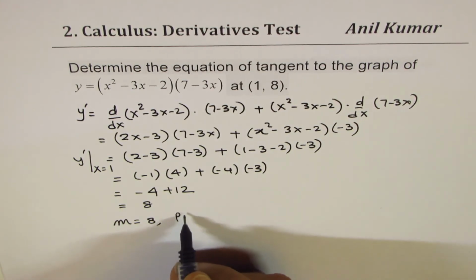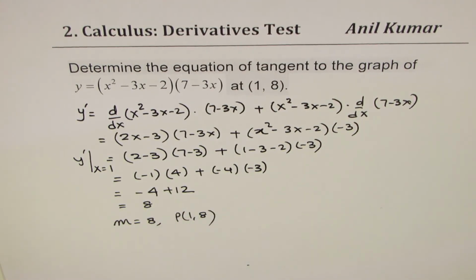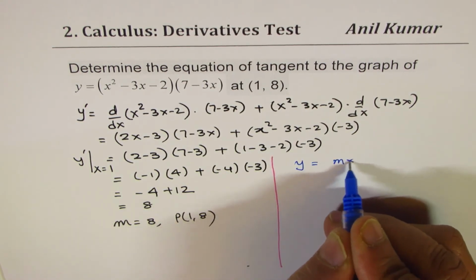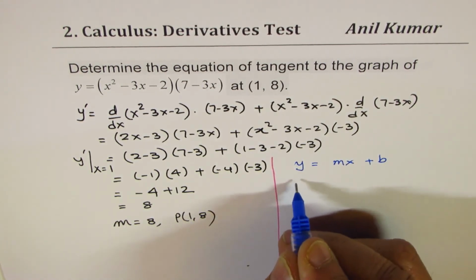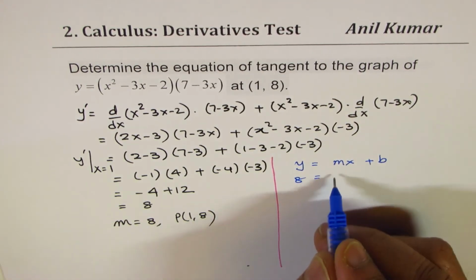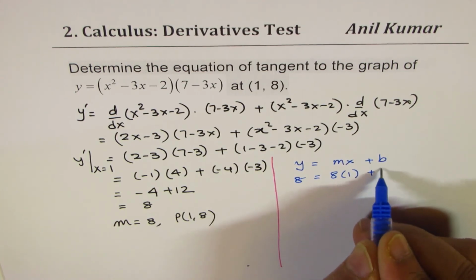And we know the point, which is 1, 8, correct? Knowing the slope and the point, we can always write the equation of the line. So let the equation of the line be y equals mx plus b. So we can substitute these values. Y is 8 equals the slope of 8 times 1 plus b.